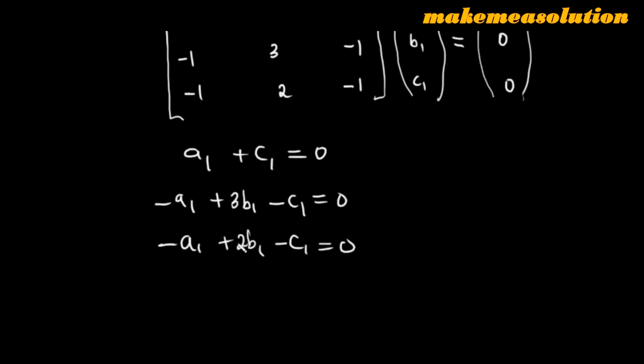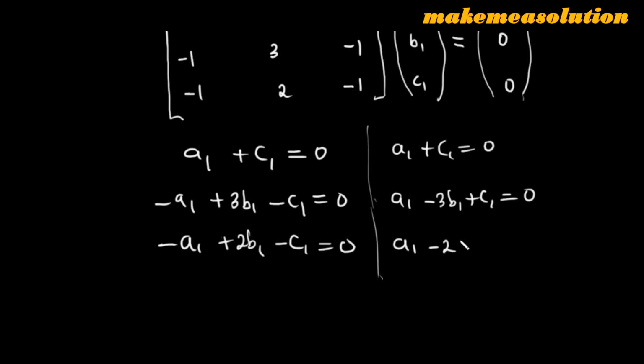Now you have to consider that the second equation and the third equation can be modified. If you divide through by minus 1, you get a1 minus 3b1 plus c1 equal to 0, and a1 minus 2b1 plus c1 equal to 0.